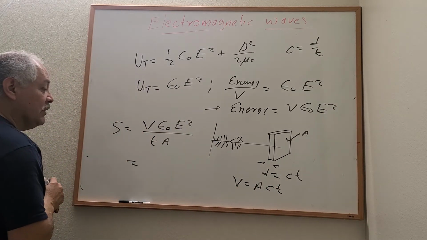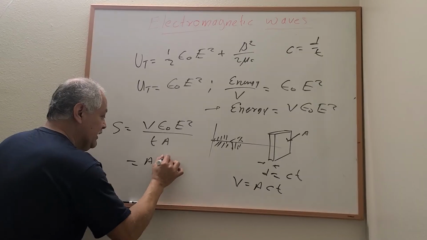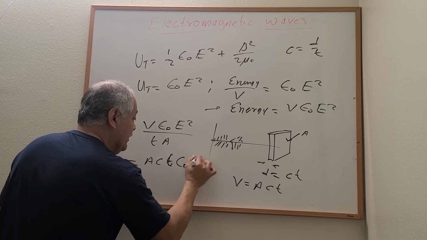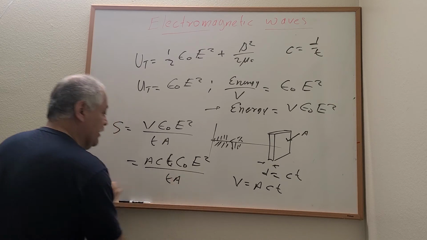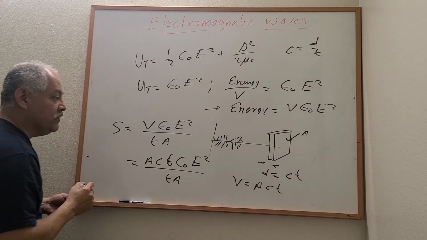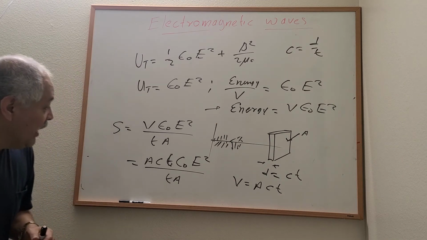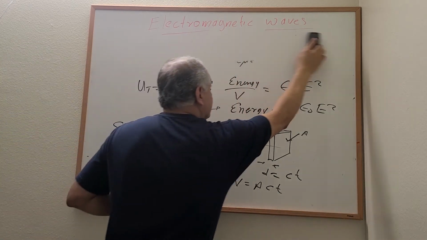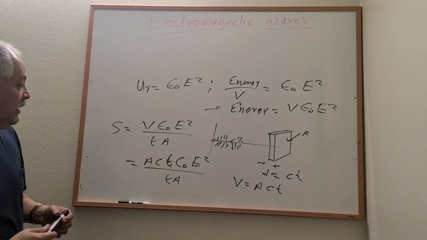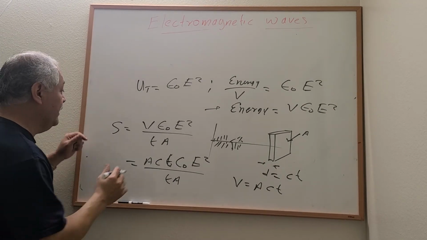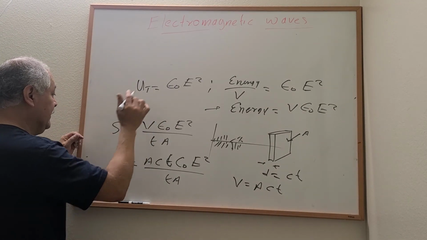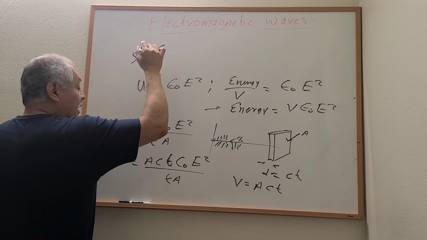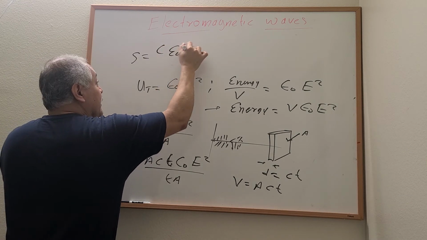The intensity is equal to area times ct times epsilon naught E squared, divided by t times A. The t and A cancel, and what do we have at the end? The intensity of this wave, of this radiation. So intensity is equal to c epsilon naught E squared.